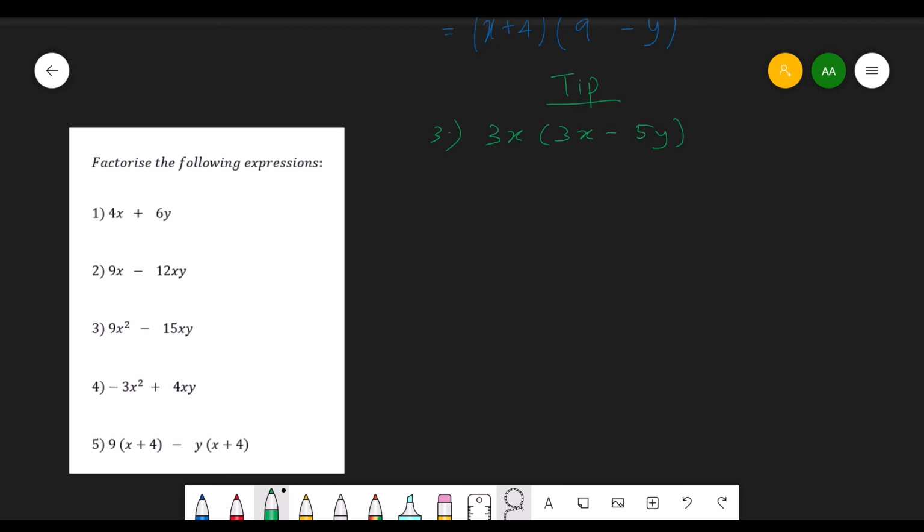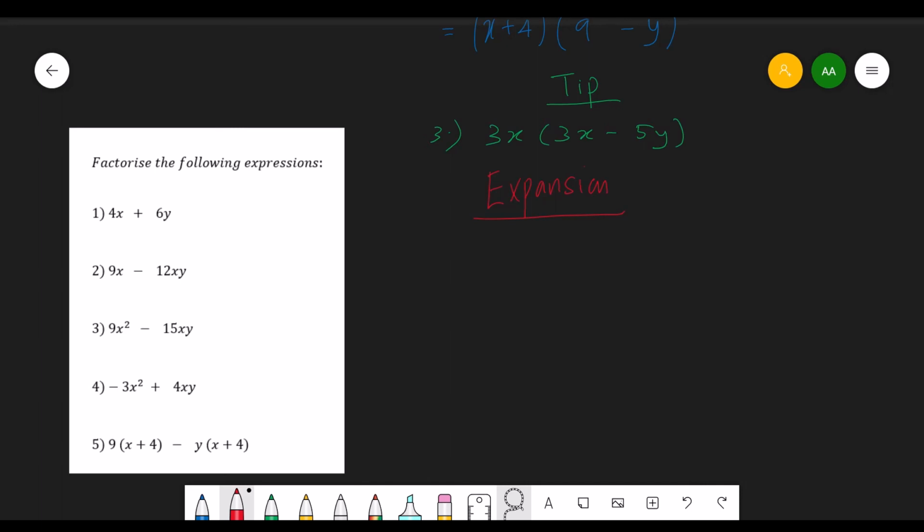This is how you should do your checking after you answer your questions in your homework or exams. One tip is to carry out this process called expansion. We have covered this in the previous tutorial.